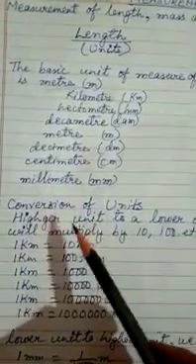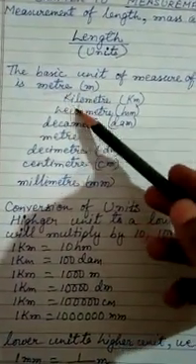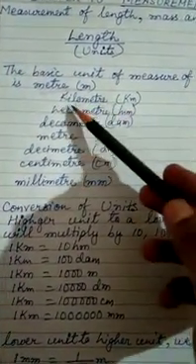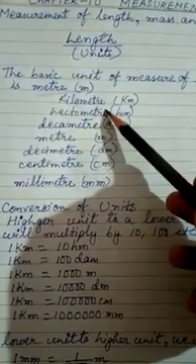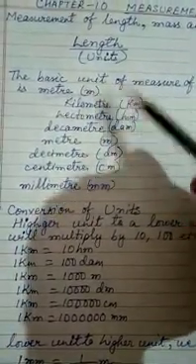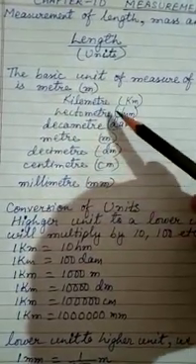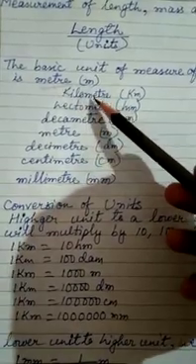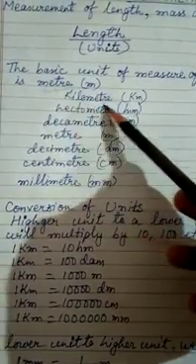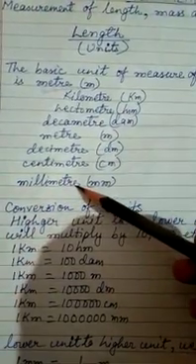Now let us understand which is the biggest unit of measuring length, that is the kilometer, up to your standard. More bigger units and smaller units are also there, that you will study in higher classes. For your class, the highest unit is kilometer, the lowest unit is millimeter.